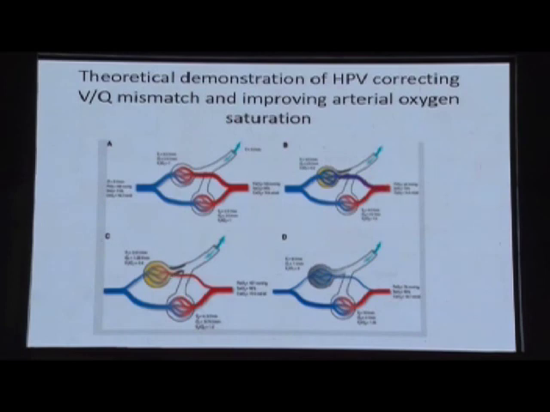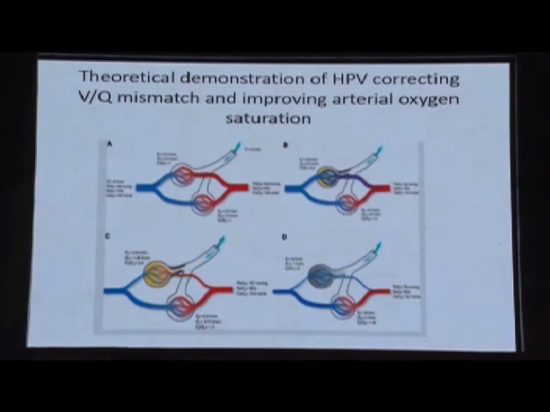This is a third situation where, as opposed to this, you have low ventilation but partial hypoxic pulmonary vasoconstriction. And here, with no ventilation, you have maximum hypoxic pulmonary vasoconstriction. So what happens to the blood gases all depends upon how much shunt you have from this side to this side and how much ventilation is happening.